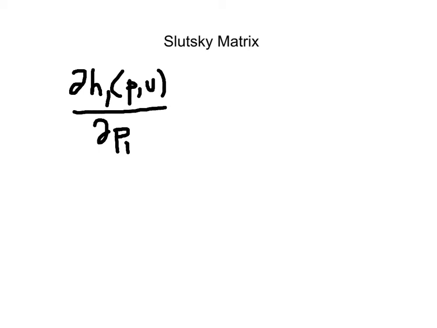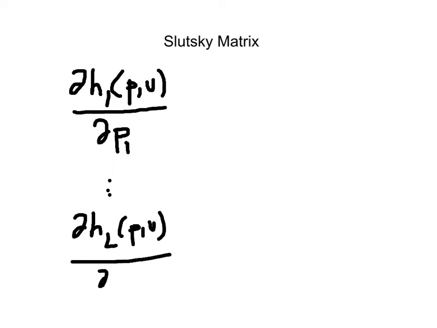And all the way at the bottom, we're going to get the change in the Hicksian demand for commodity L in response to the change in the price of the first commodity. So keep changing the price of the same commodity, the first one, and look at the impact on the Hicksian demand for all other commodities, including the same commodity impact.